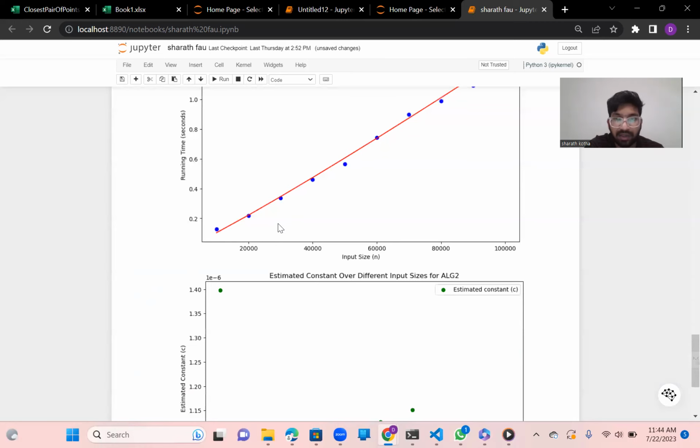Whereas the divide and conquer algorithm is helpful when large data sets come into the picture, since it divides the problem into subproblems. It is more efficient than the brute force algorithm when it comes to large groups of points. So the time complexity of this will be O of log n.